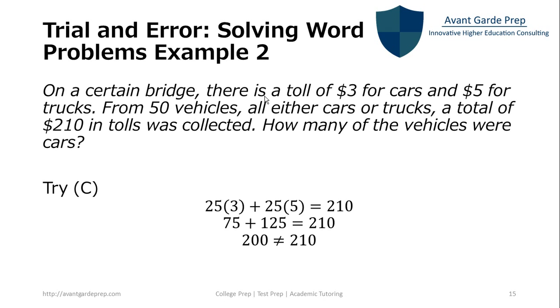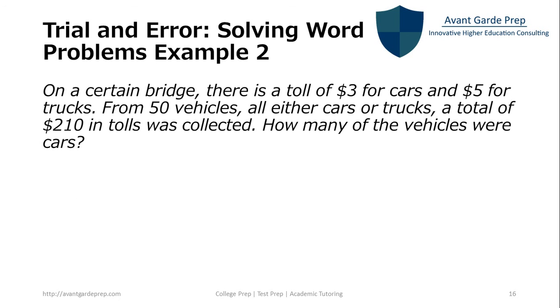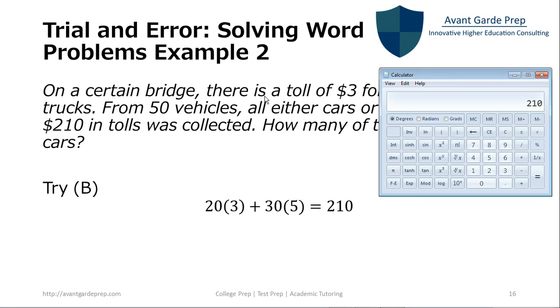This would eliminate answer choices D and E and leave answer choices A and B as the only two viable options. We'll go ahead and choose answer choice B, which was 20 cars. If there are 20 cars of the 50 vehicles, that means there's 30 trucks. So we'll set up this equation: 20 times 3 plus 30 times 5 equals 210.